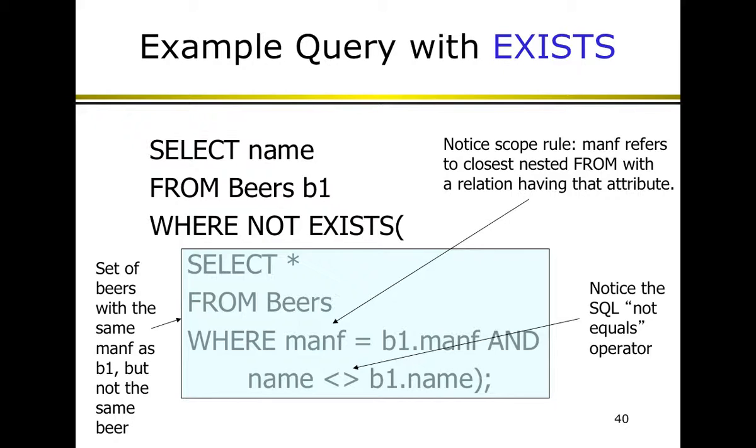The inner query has access to the outer query information. And if you don't mention the outer query information or the alias that was done here, you get the most current one. Also notice the SQL not equals operator, the 2 arrows going this one says not equals. But notice the scope rule here where manufacturer refers to the closest nested from with the relation having that attribute.